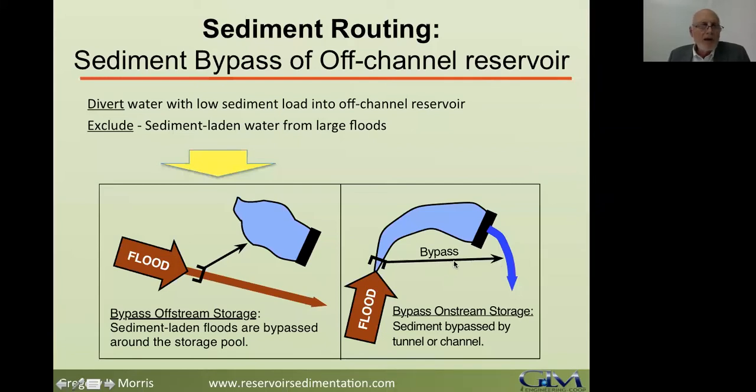The bypass tunnels are typically rather large and costly. So there are more than a dozen or so reservoirs in the world which use a bypass around an on-stream structure. The off-stream structures are typically more feasible.